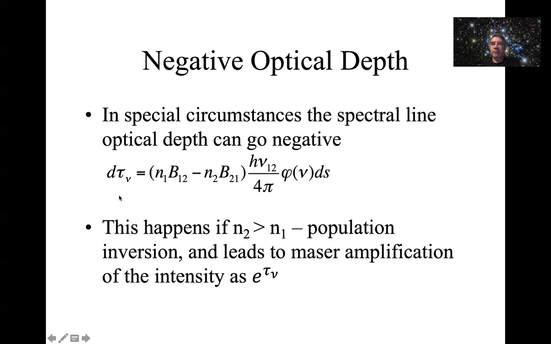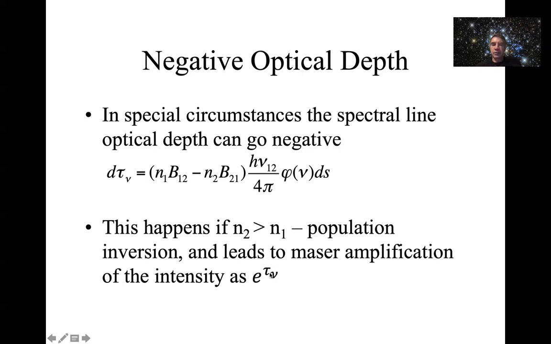And that's because normally you have an e to the minus tau factor in your transfer equation, which describes the reduction in intensity because of the absorption of photons as you go through the medium. Okay, we looked at that in the previous lecture. But if your tau itself has become negative, then that becomes an e to the plus tau factor, if you see what I mean.